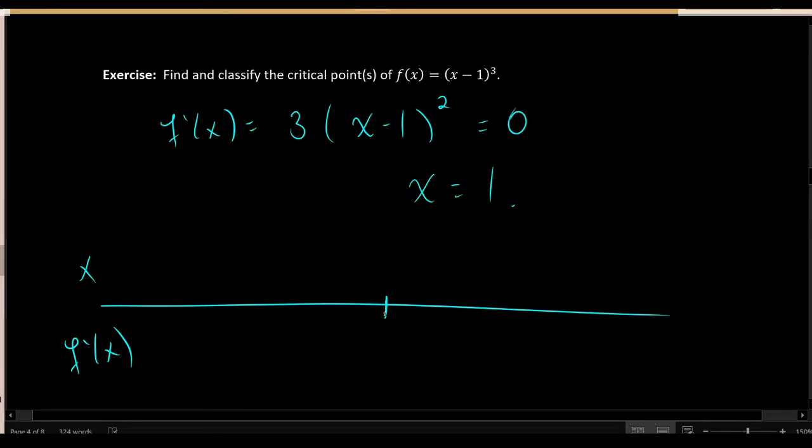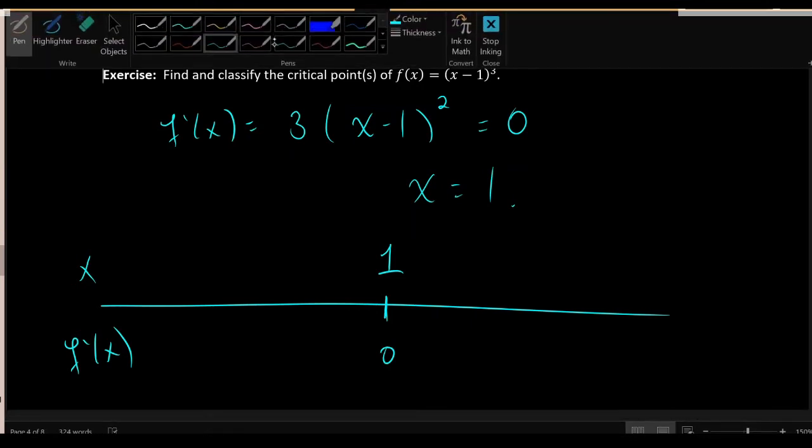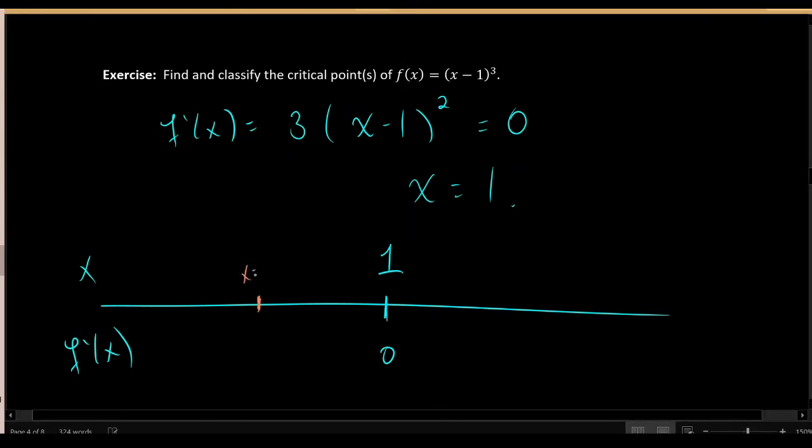So x equals 1 divides the number line into two regions, one to the left of 1 and one to the right of 1. Suppose that I pick the test point x equals 0 and maybe the test point x equals 2 to fill out the sign chart.